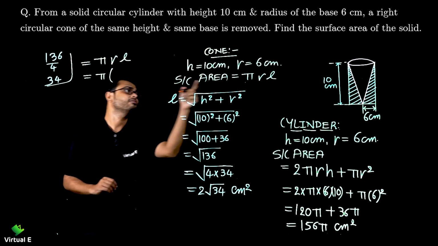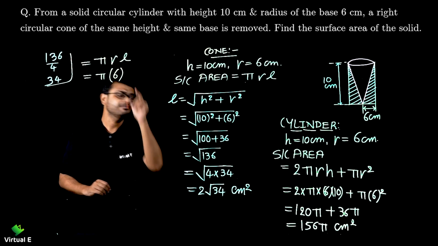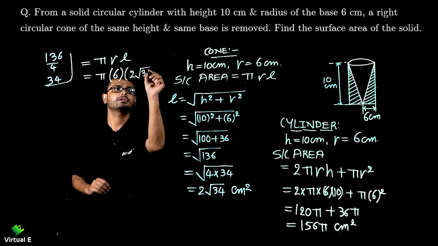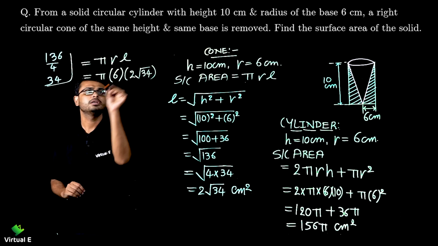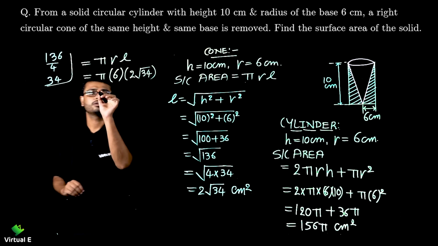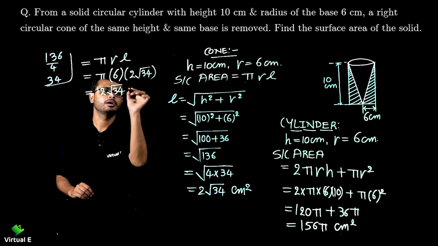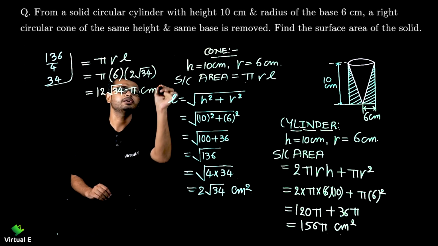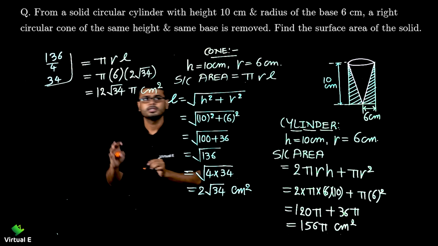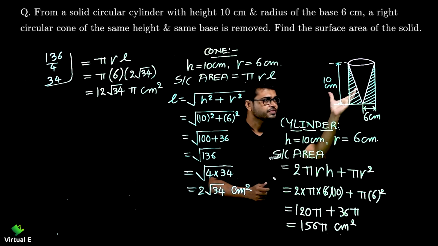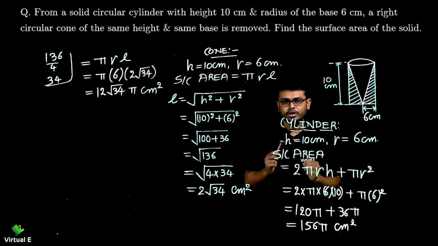Then the value of r is the same, which is 6, and the value of L is 2 square root of 34. Simple. 6 2s are 12. So 12 square root of 34 pi centimeter square.